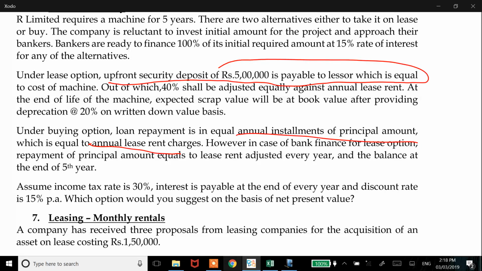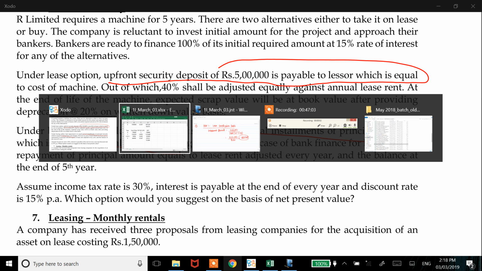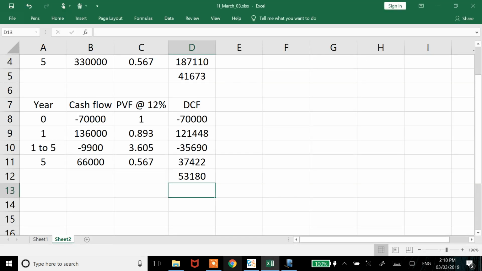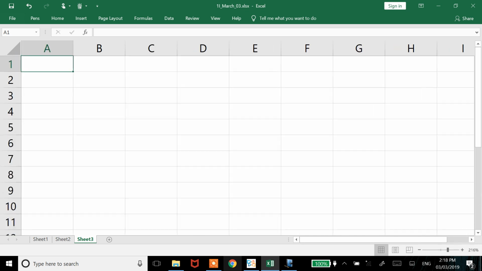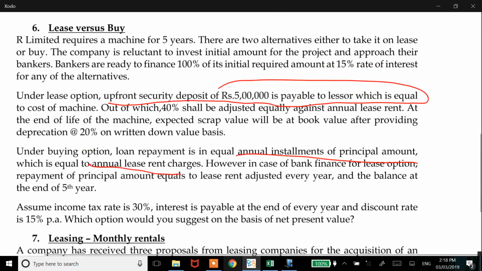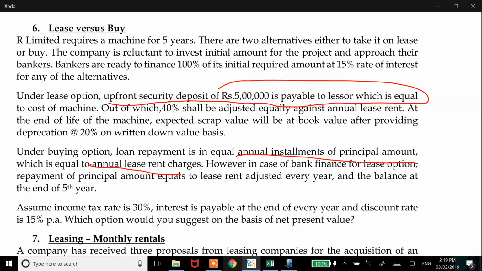Working note 1, evaluation of loan option. Evaluation of loan for purchase of asset. In both the alternatives, you need a loan, unfortunately.